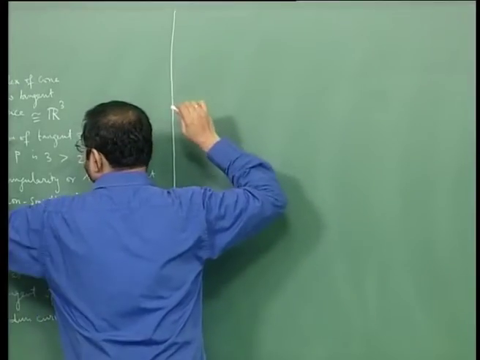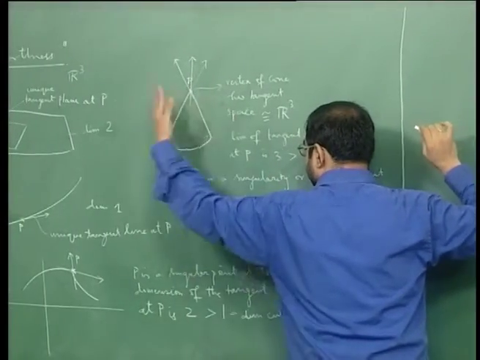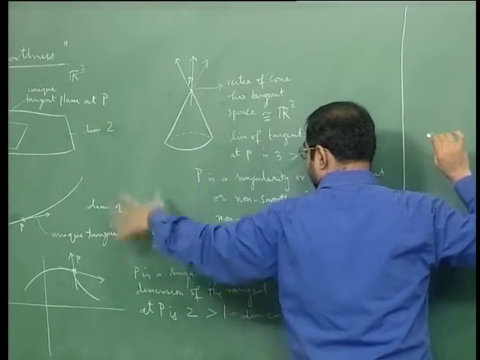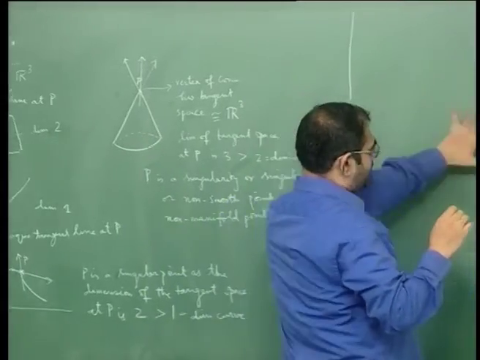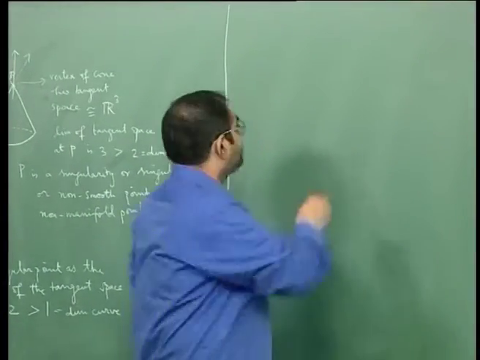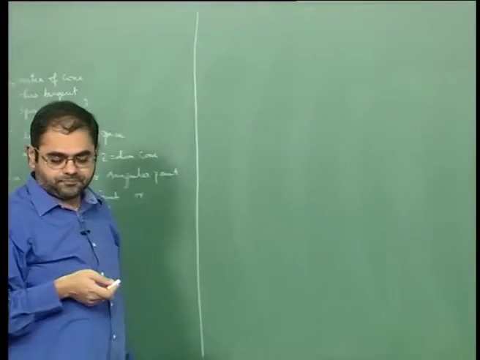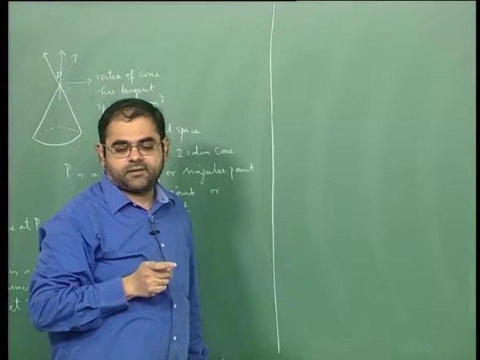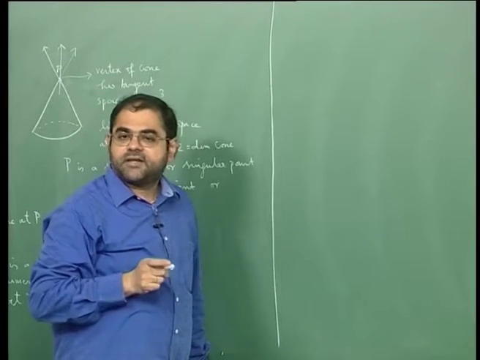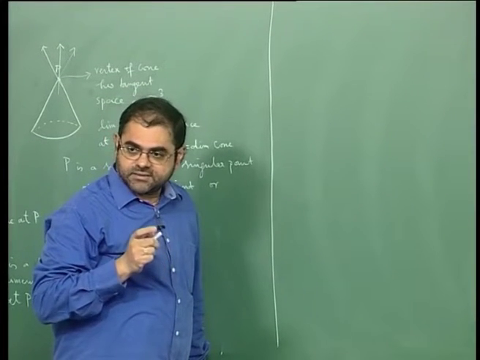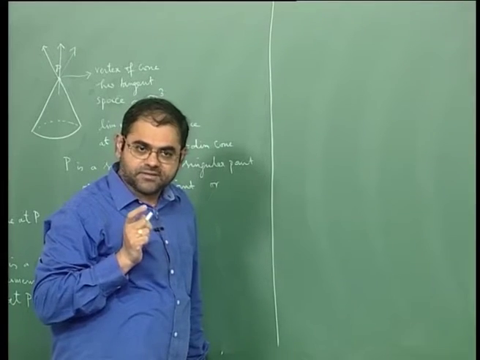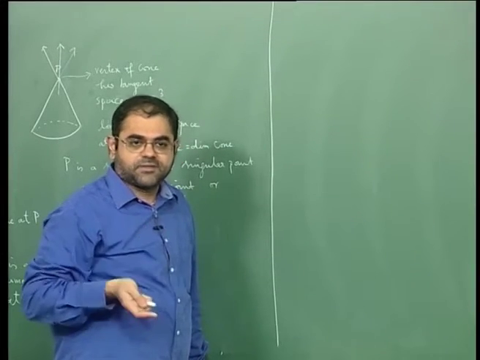Now I'm switching from the classical or analysis based situation to algebraic geometry. I'm going to define when a point of an affine variety is smooth, I mean when it is non-singular, and when it is singular.